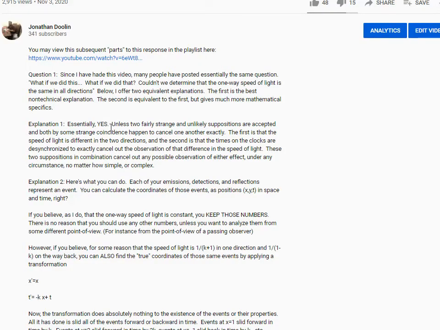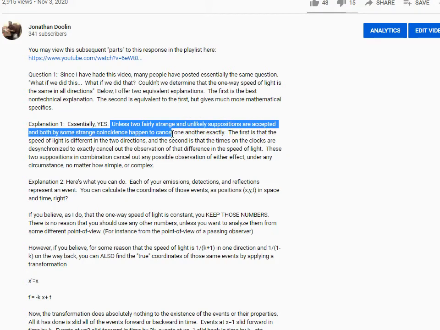And I put it up here, unless two fairly strange and unlikely suppositions are accepted and both by some strange coincidence happen to cancel one another exactly. The first is that the speed of light is different in the two directions, and the second that the times on the clocks are desynchronized to exactly cancel out the difference in speed.